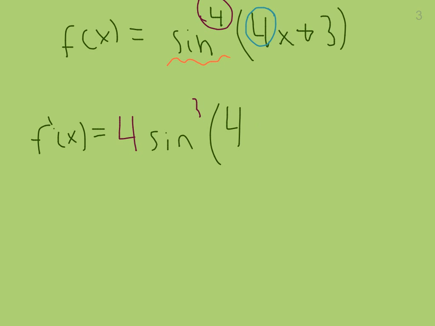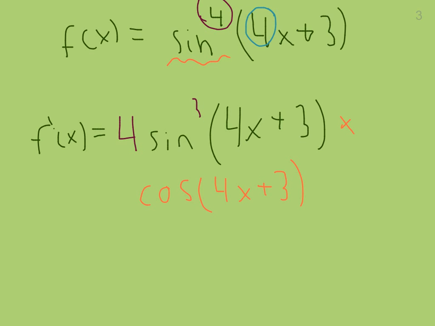And now, what's the next stage? Well, the next layer in is the sine. So we have to multiply by cosine. The derivative of sine is cosine. So we have to multiply by cosine of 4x plus 3.